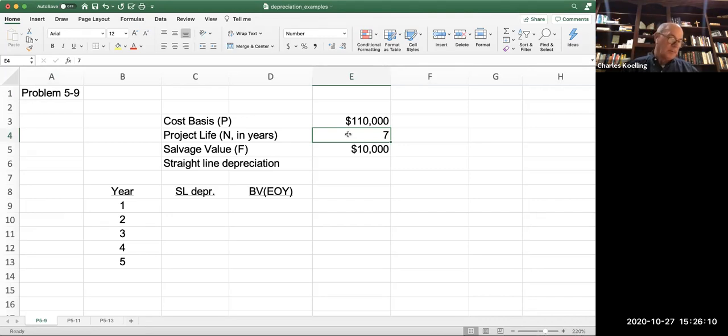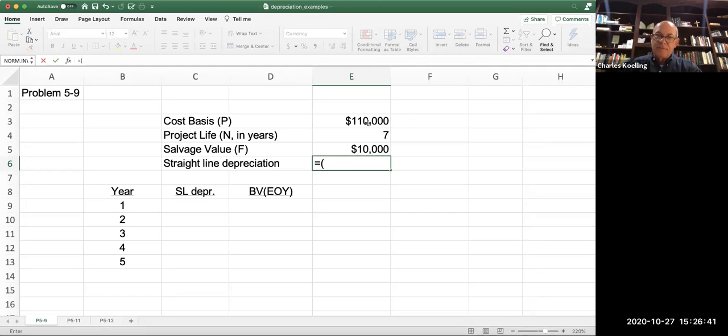So we want to prepare a depreciation schedule, and many of the problems in the back of chapter 5 ask you to develop a depreciation schedule, and we will do that. Remember, the straight line depreciation has a constant depreciation each year, and that is based on the straight line formula, P minus F divided by N. So let's calculate that.